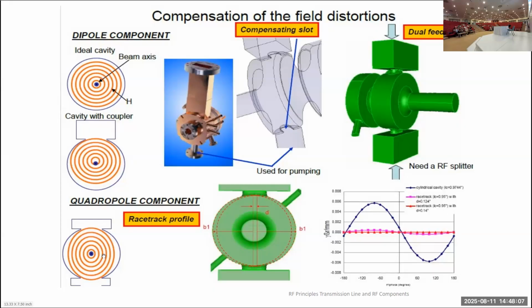The advantage of this coupling is that when you are coupling RF from one side, there is one window, and higher power coupling causes more heat. But if you split the RF power into two and couple it from two sides, then heating at that RF window is also halved.